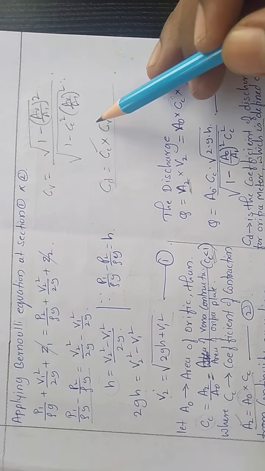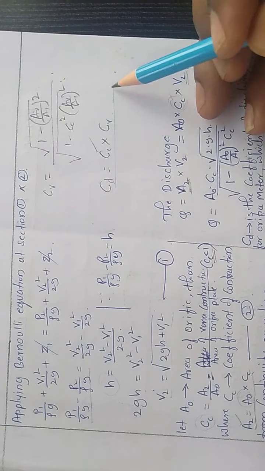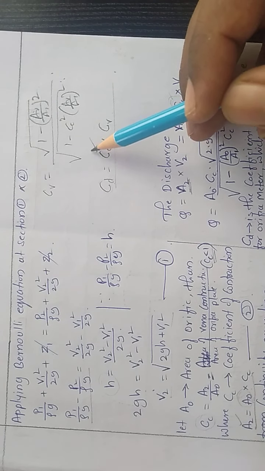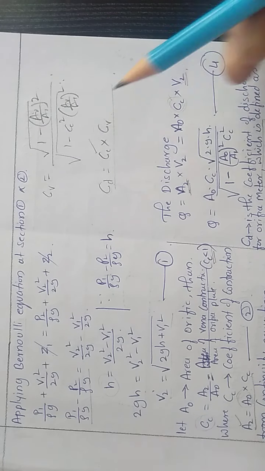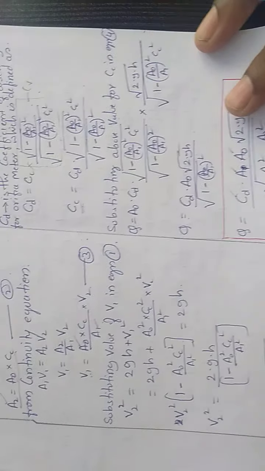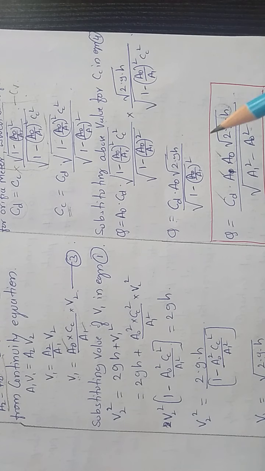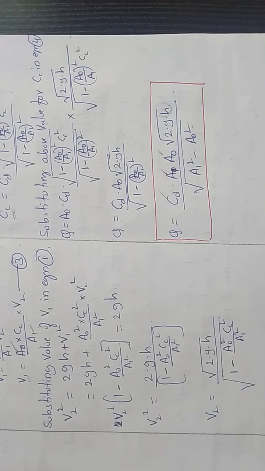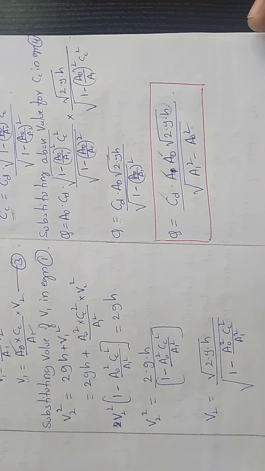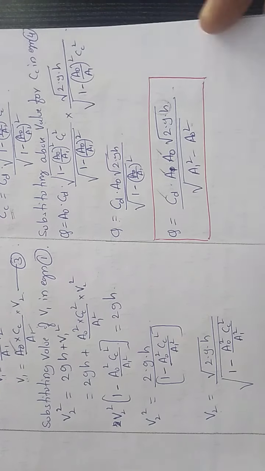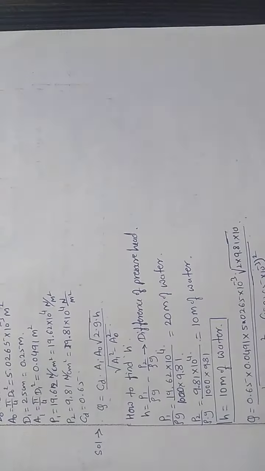These are the new terms that appear here. And coefficient of discharge is nothing but the multiplication of coefficient of contraction into coefficient of velocity. Finally we get this expression, which is the same as the Venturi meter. Even the problems will be the same as the Venturi meter, except where the Venturi meter is there, they'll replace it by the orifice plate. Let us look at one example.